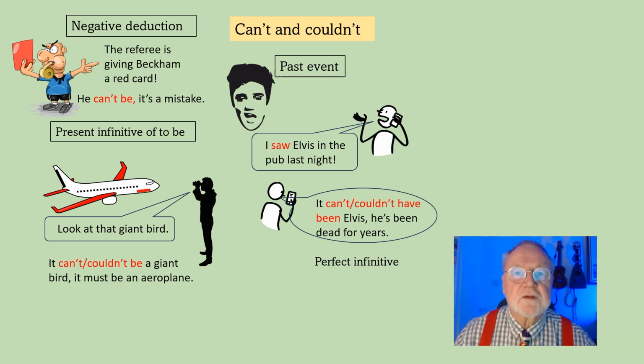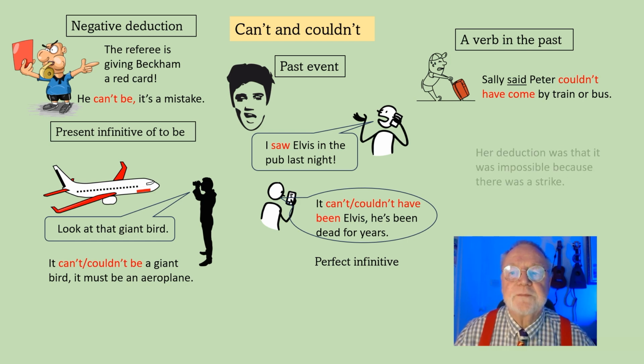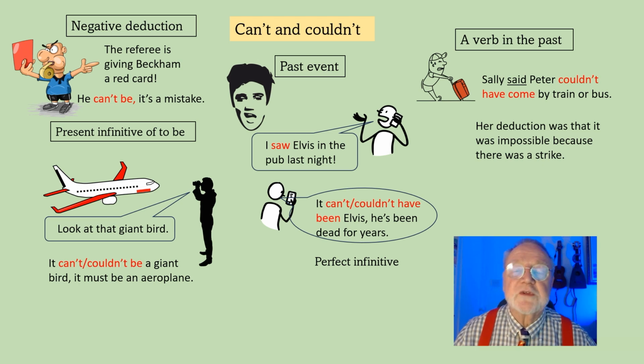When we have a sentence which is introduced by a verb in the past, we prefer to use couldn't for a deduction. Sally said is in the past. Sally said Peter couldn't have come by train or bus. Her deduction was that it was impossible because there was a strike.